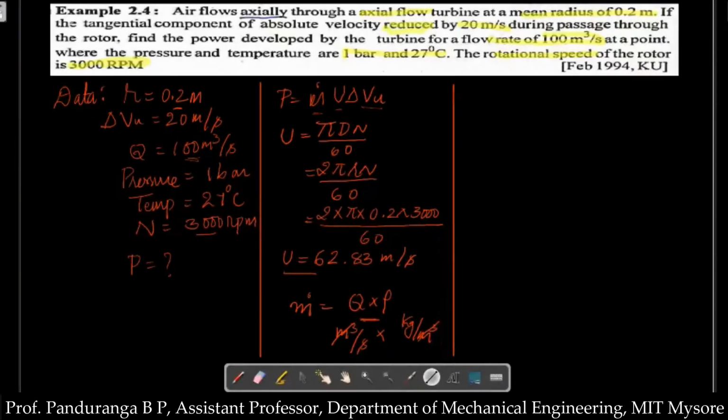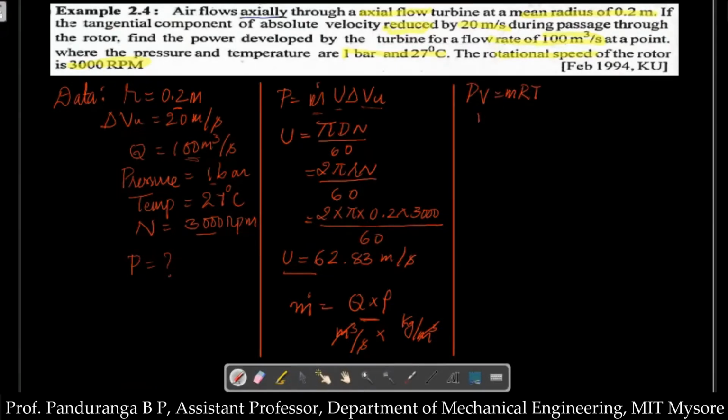So now we need to find out the mass flow rate using discharge into density. So for that, first we need to find out the density of air here. Instead of giving the density of air, they have given the conditions of air, that is the pressure and temperature. So if you remember the ideal gas law, it states that PV equals MRT. We need density.